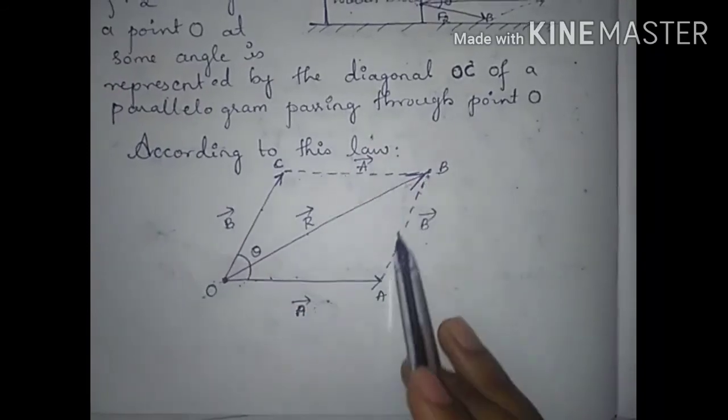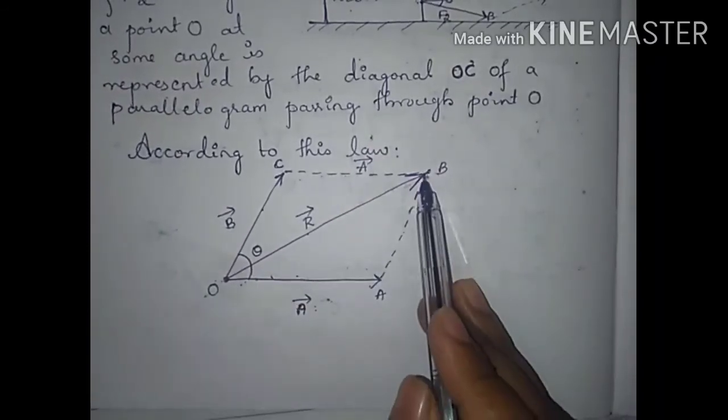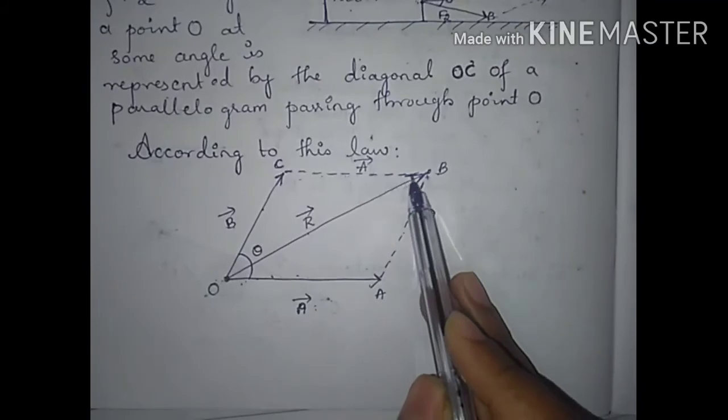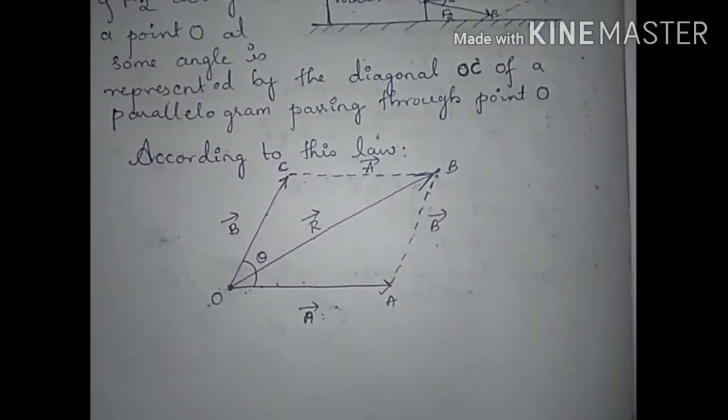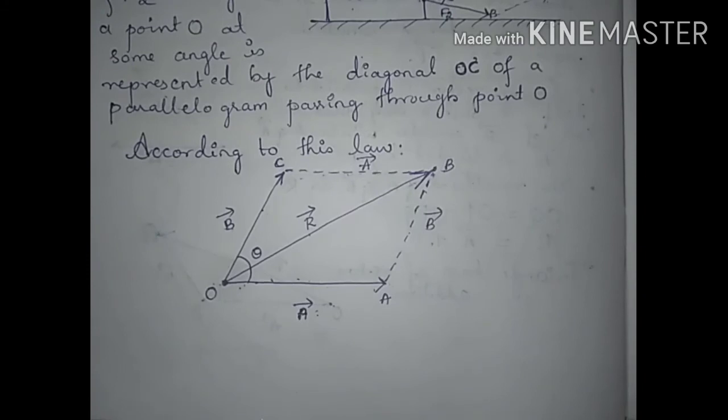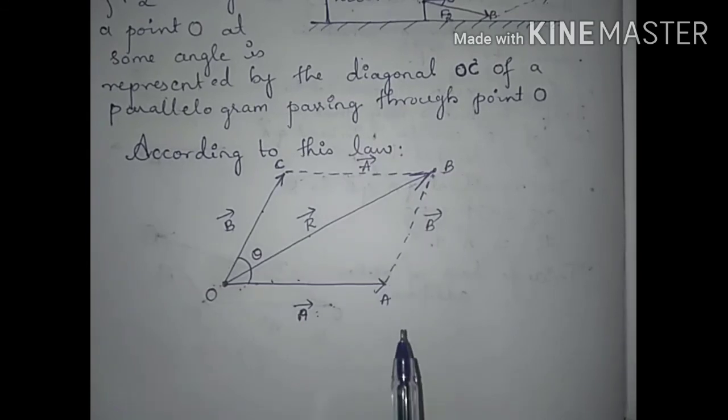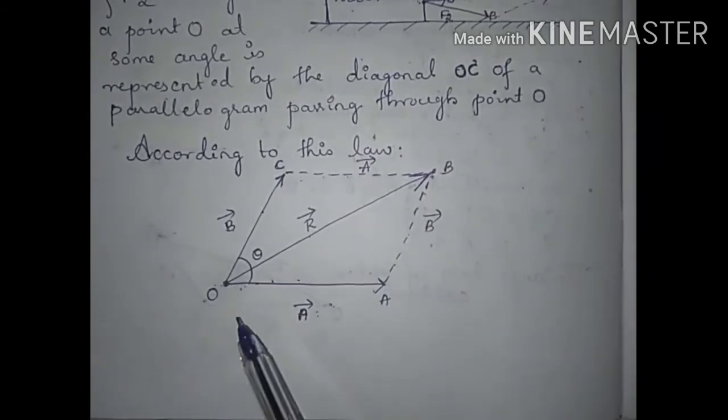First you have to draw these two sides, then at the intersection, you have to draw the resultant line. This resultant line will give both the magnitude and the direction of R. So this is what the parallelogram law of vector addition says.